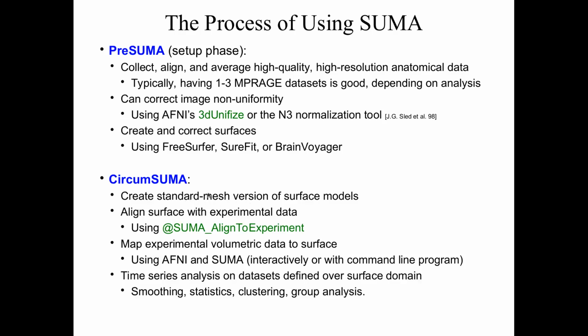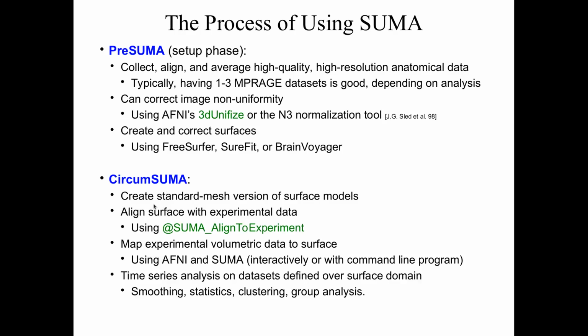So in AFNI, when we translate surfaces from, let's say, FreeSurfer, we always create standard meshes. In the same way that in a standard template data set, your unit of measure, a voxel, the same IJK or XYZ location, represents the same anatomical location, when we have a mesh, we want the same node to represent the same anatomical location across subjects. So we'll talk about that.